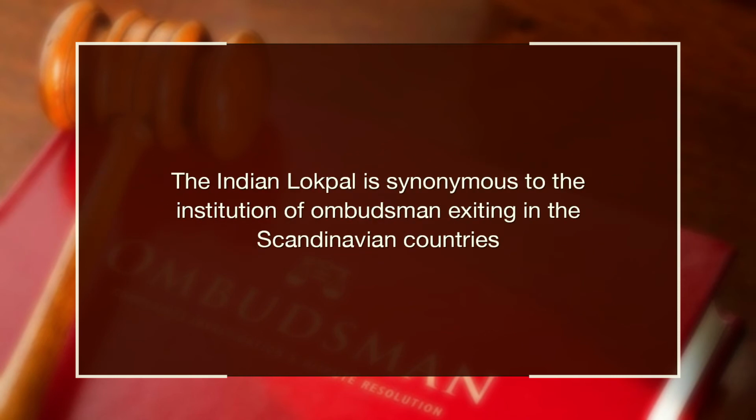The Indian Lokpal is synonymous to the institution of ombudsman existing in Scandinavian countries. The office of ombudsman originated in Sweden in 1809 and was adopted eventually by many nations as a safeguard of democratic government against the tyranny of bureaucracy. Ombudsman is a Swedish word that stands for an officer appointed by the legislature to handle complaints against administrative and judicial action.